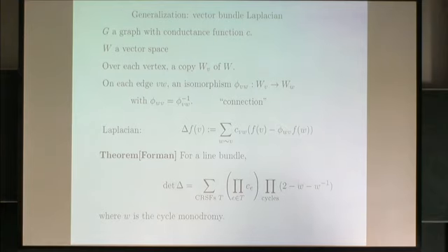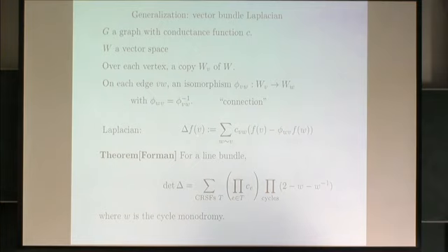And in this setting, there's also a natural Laplacian, which is defined in a similar way. Now a function here is a function taking values in the vector space. So f of v is a vector in the vector space W sitting over v. When I apply the Laplacian to a section, I'm calling it f again, it's easy to think of these things as functions.